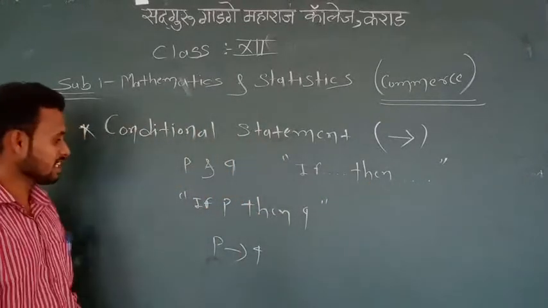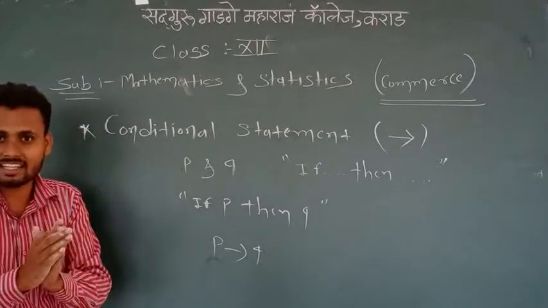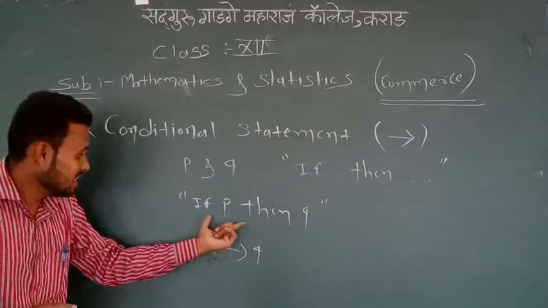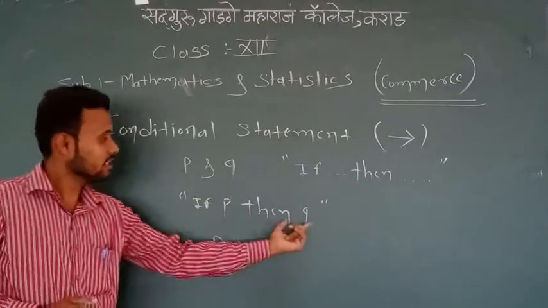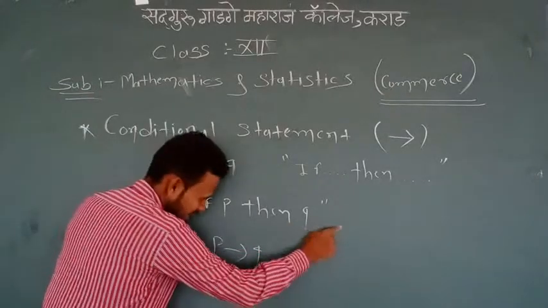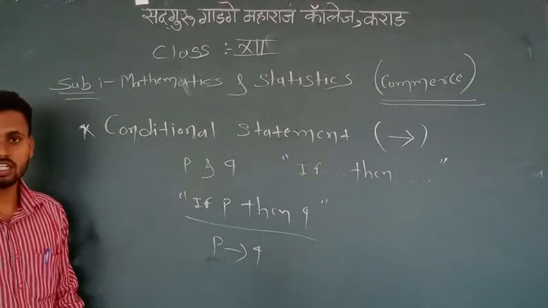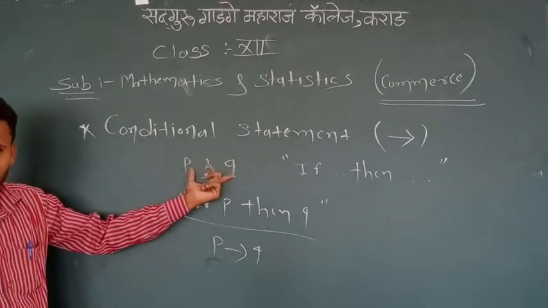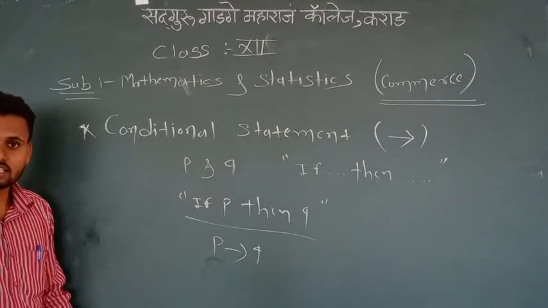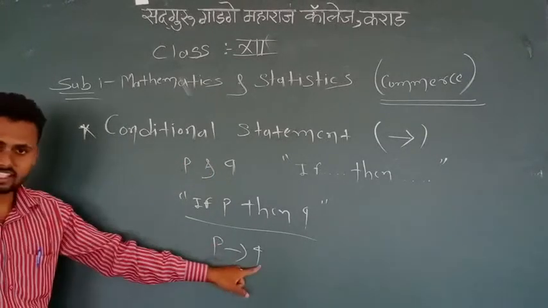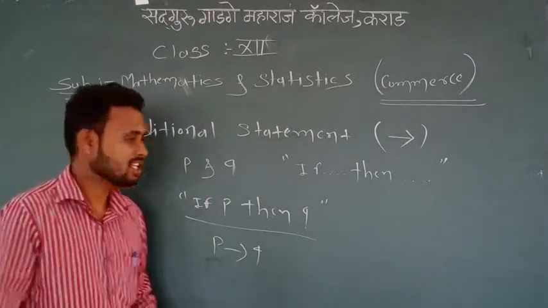Then the resulting compound statement, 'if P then Q', is called the conditional statement of P and Q, and it can be written in symbolic form as P implies Q. This is the conditional statement of any two simple statements.